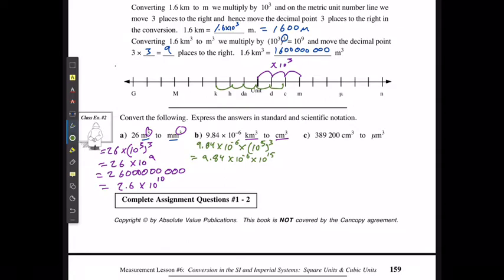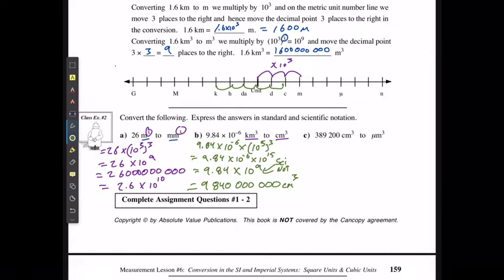I can add the exponents for the tens and say this would be 9.84 times 10 to the power of 9. There's my scientific notation. And in my standard form, this is going to be 984000000 centimeters cubed.